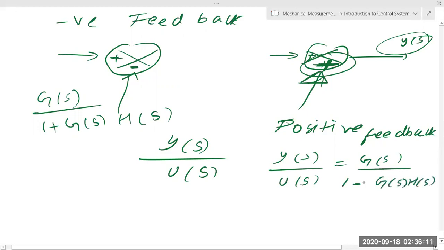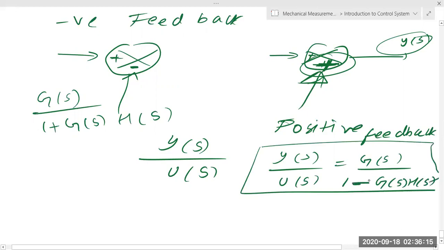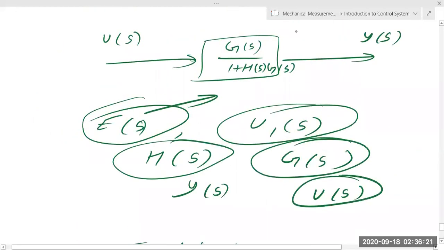Remember, for the positive you will get negative at the denominator, and for the negative feedback you will get positive at the denominator. This will be the transfer function that we can put in the block.